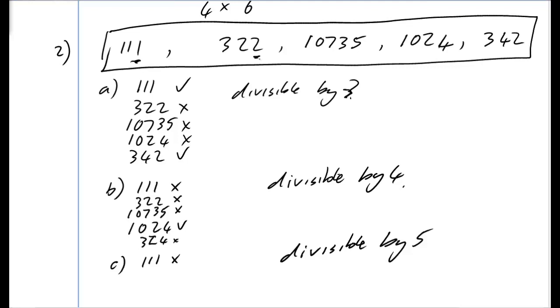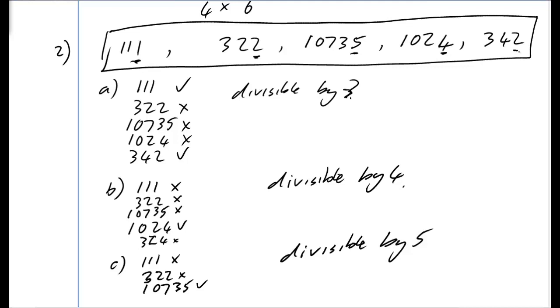The last digit here is not 0 or 5, so 322 is not divisible by 5. Actually, we can just have a look. That one there is. See the last digit in this one is a 5, so therefore that's divisible by 5. This one here, the last digit's not a 0 or a 5, and that one there, the last digit's not a 0 or 5.